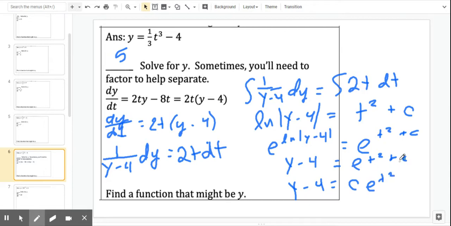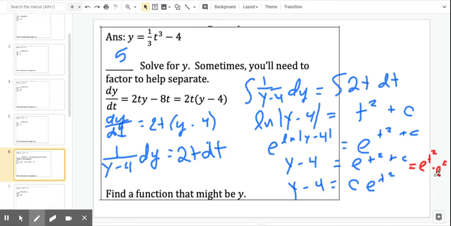The reason for that is that this right here would technically be equal to e to the t squared times e to the c power. If we're using exponent rules, adding the exponents is the same thing as multiplying with the same base.